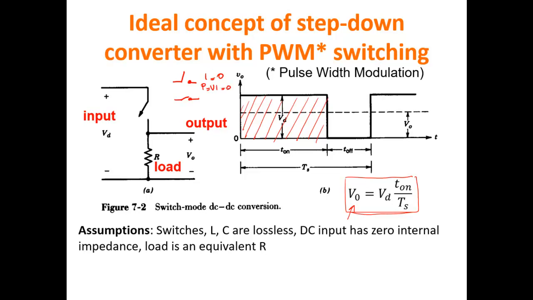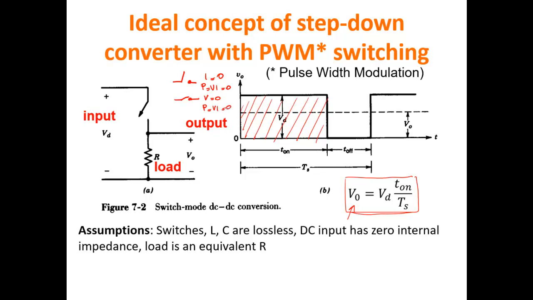When the switch is on, the voltage drop on the switch is zero, because ideally the switch has zero resistance, so it does not dissipate any power, and the current can even be high, but the product of the voltage times the current is again zero.